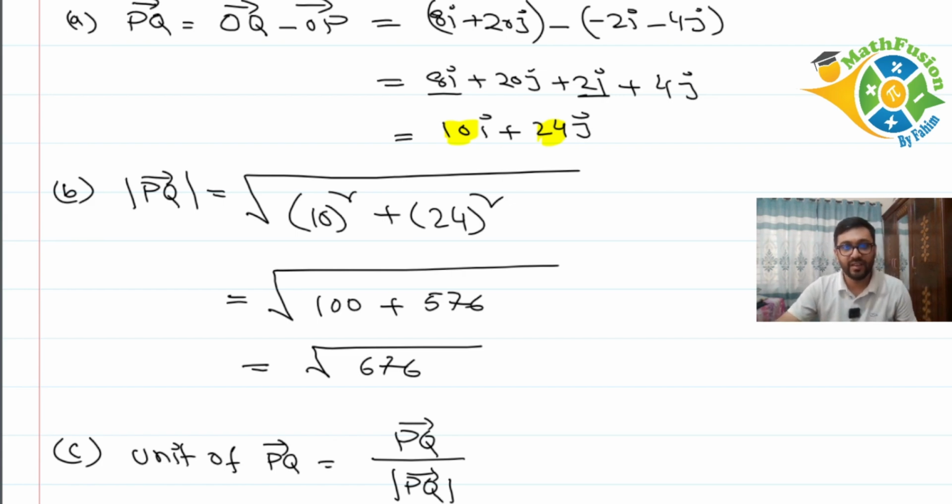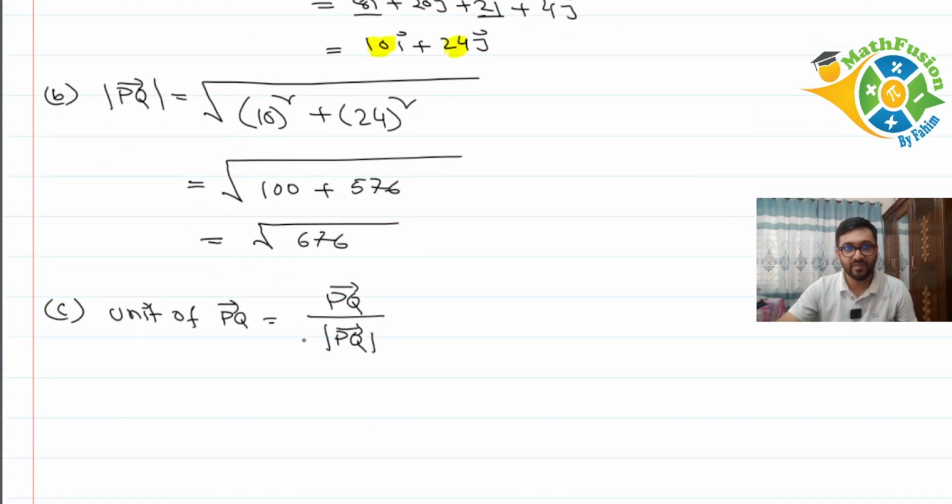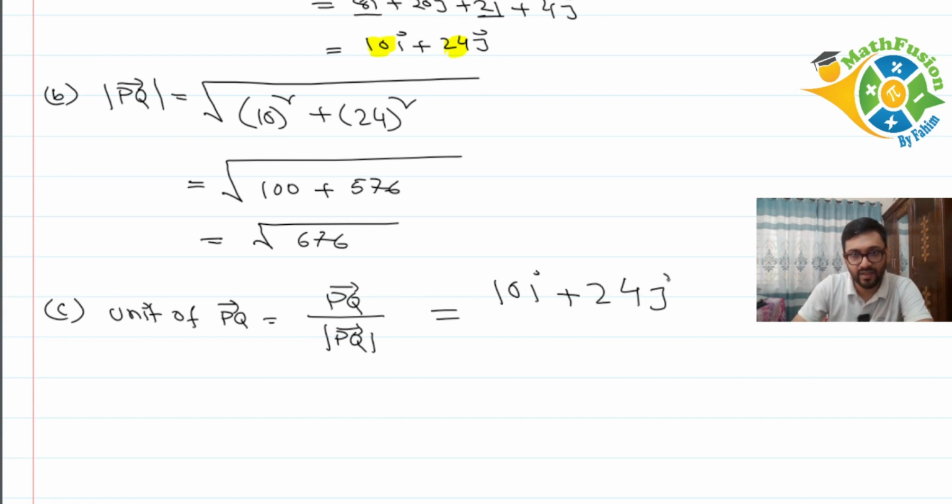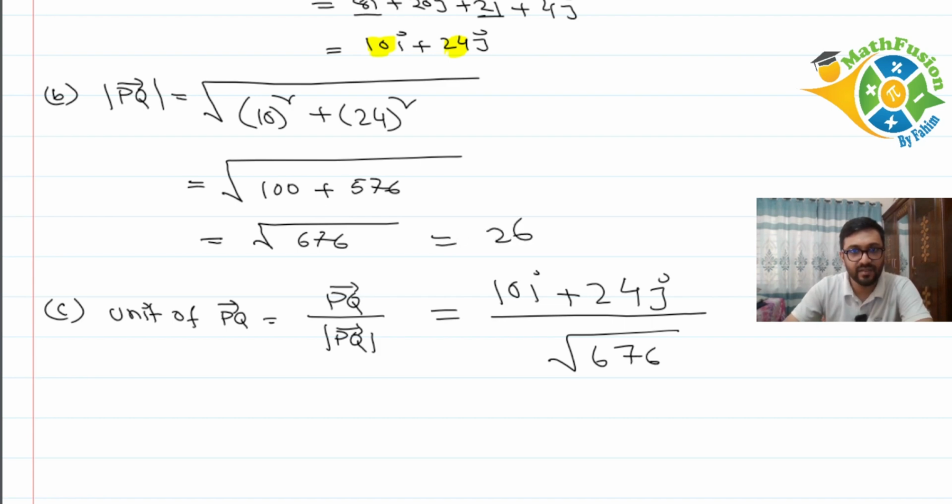We already calculated the vector PQ, which is 10i plus 24j, and the magnitude is root 676. If we simplify it, it becomes 26.